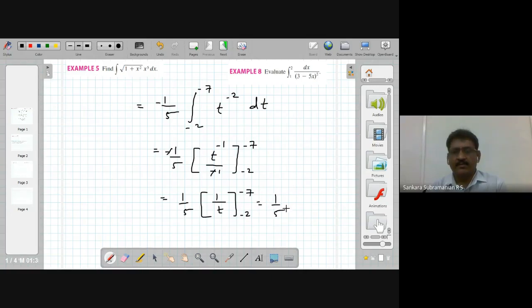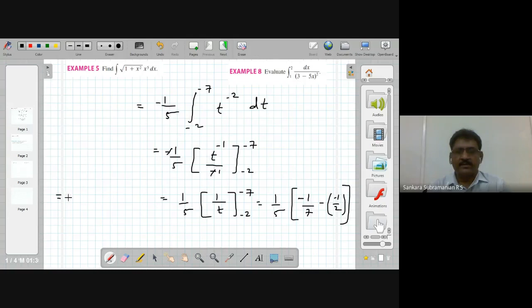If you go for the upper limit, you get minus 1 by 7. Please note there is a negative sign. Upper limit minus lower limit: if you substitute t equal to minus 2, you get minus 1 by 2.